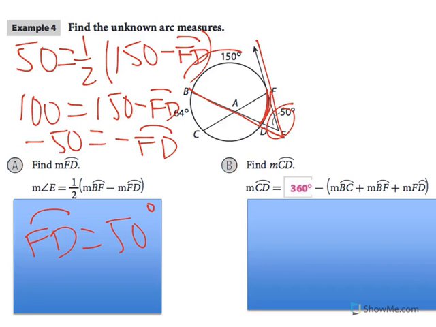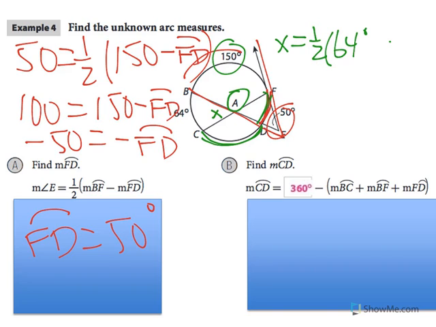Now we're looking for the arc from C to D, this part here. We were given that this is 50, so we need to find what this angle is, but we don't know that angle yet. We can solve for it: angle x is equal to 1/2 of 64 plus 50, since from F to D we said that is 50.